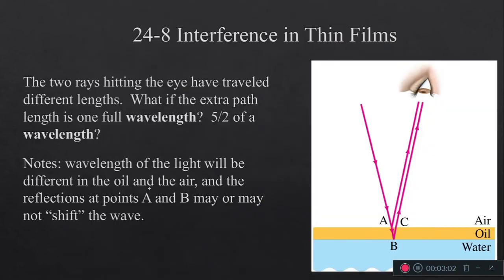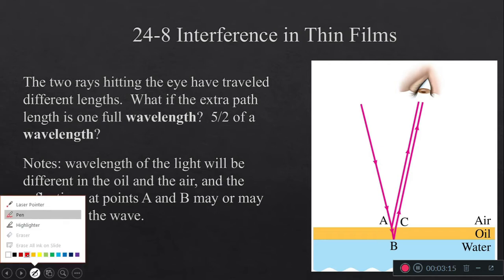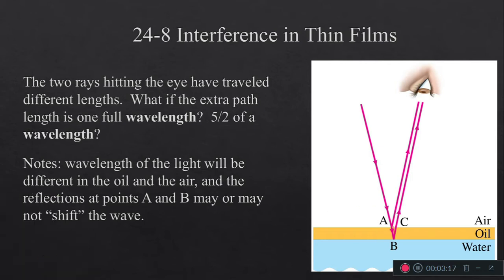So this is how things would look in a, still really cartoonish, diagram. Here's a light ray coming in, and it bounces off of the air-oil interface at point A, and then a little bit reflects, a little bit refracts, and then makes it down to the oil-water interface at point B. Every time the light ray gets to an interface, it reflects a little bit and refracts a little bit.